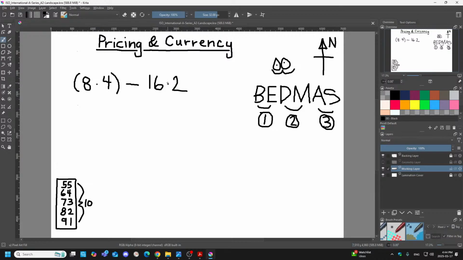Alright, so this is times, like they had an X here, but I'll use a dot, that's fine. A dot is multiply for me, okay? Or I could use an asterisk, but it's a little bit of a pain to draw. So if you see a dot, that means multiply. Again, this is neighbor 1, neighbor 2.